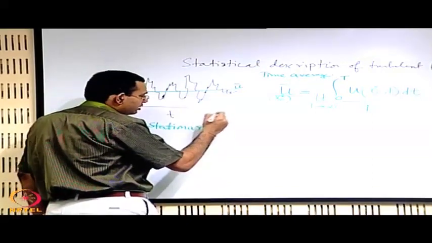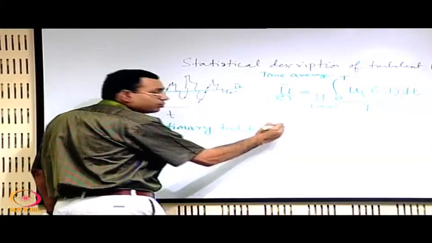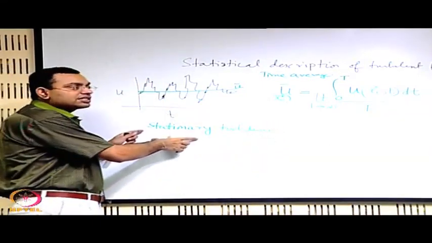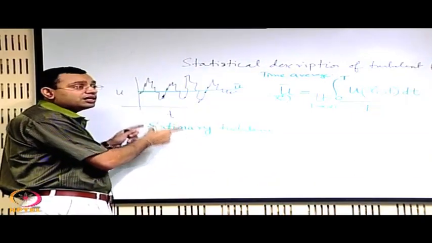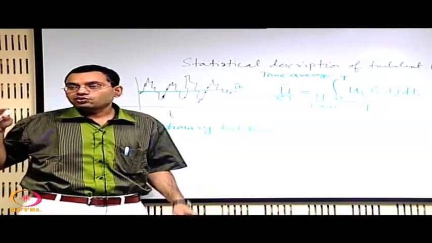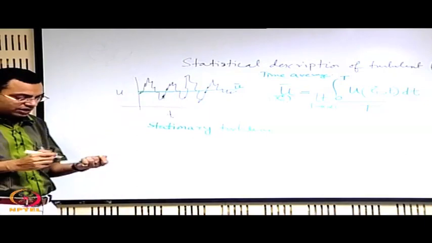Usually we use the term stationary turbulence because steady is a misnomer, turbulent flow is never steady. Stationary means time independent average behavior, it does not mean time independent actual behavior. Only in a statistically average sense is this not a function of time.